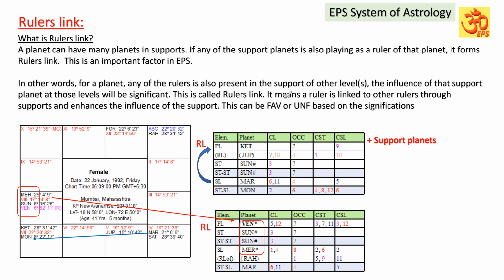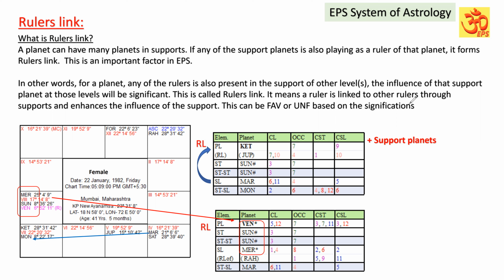If any of these support planets is also playing as a ruler of the particular planet, it forms ruler's link. In other words, for a planet, any of the rulers is also present in the support of the planet. The influence of that support planet at those levels will be significant.